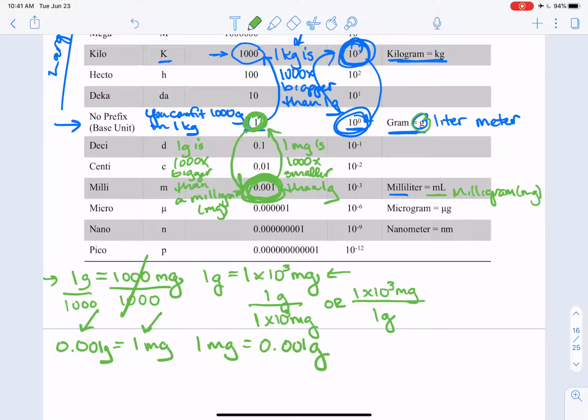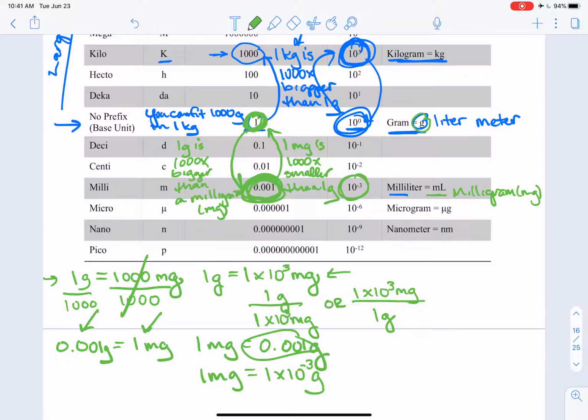Both of those statements are exactly the same. We can write it like this. 1 milligram is equal to 1 times 10 to the what? We're doing scientific notation here. How do you write 0.001 in scientific notation? You have -3 grams, and you'll see that right here.